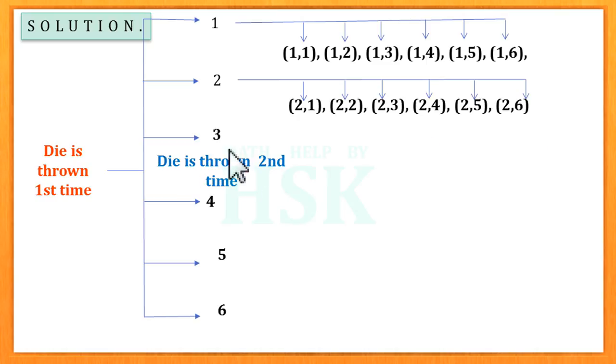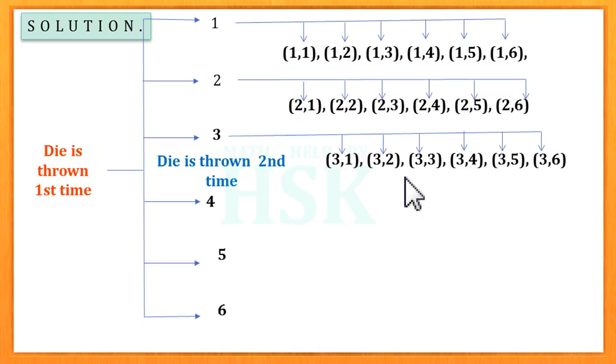Similarly, if the first throw results in 3, then we get 3 1, 3 2, 3 3, 3 4, 3 5, 3 6 as outcomes.